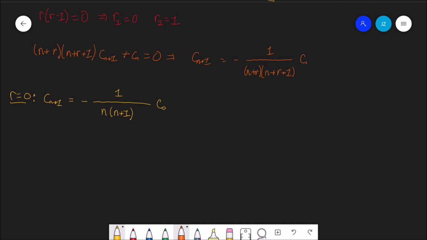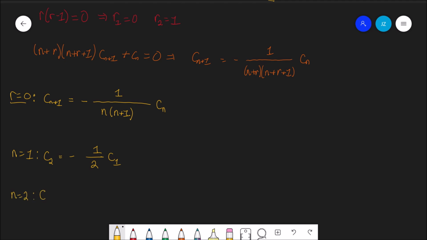This should be cn. So when n is equal to 1, c2 will be negative 1 over 2 times 3 c1. My apologies. This is not correct. C2 would be negative 1 over 2 c sub 1.